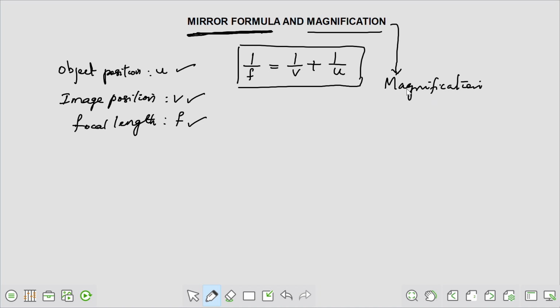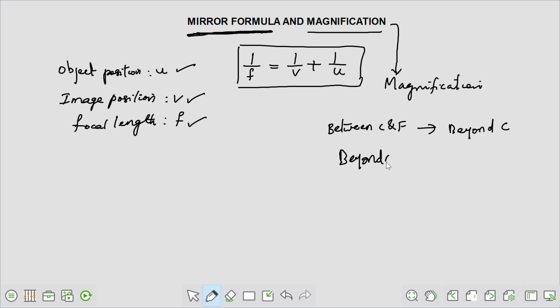They always come up with the answer that the image is magnified. No. So between C and F, where did you get the image? Beyond C. Then when it is placed beyond C, where did you get the image? Yes, between C and F.